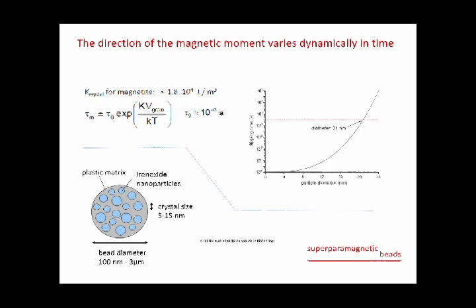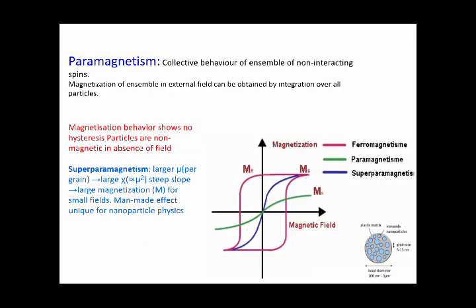So what we do is put them into a plastic matrix to make beads, which have a lot of small nanoparticles, and then we use them and it has better control. So the definition of paramagnetism is that these nanoparticles will exhibit a higher magnetic behavior, but it can have a bigger volume. However, superparamagnetic nanoparticles not only exhibit high magnetic properties but also a very small hysteresis loop.